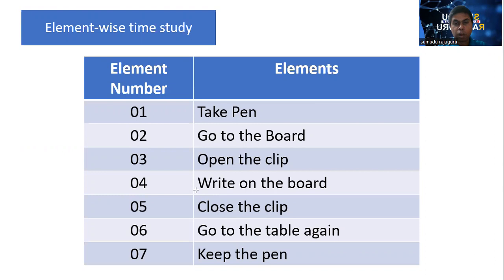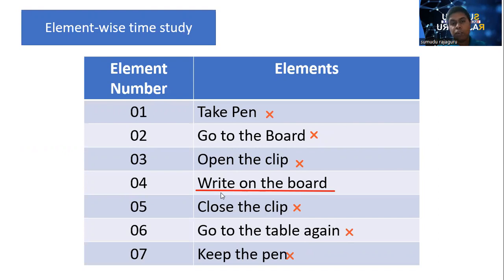Based on the customer requirement, this is the one and only element which adds value to the total operation. We have to reduce or eliminate all the other activities, because all the other activities are non-value adding.